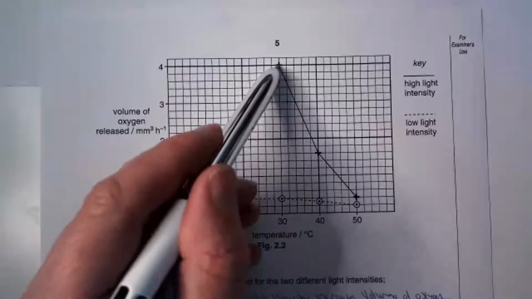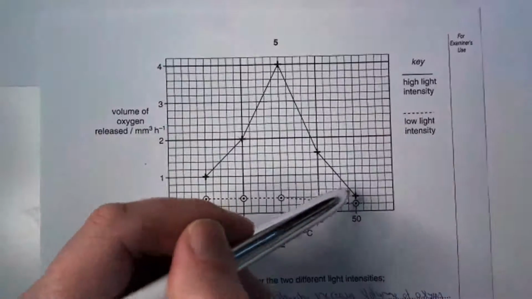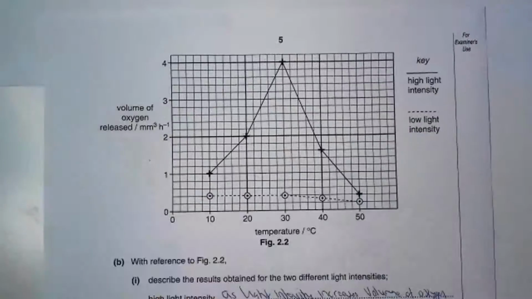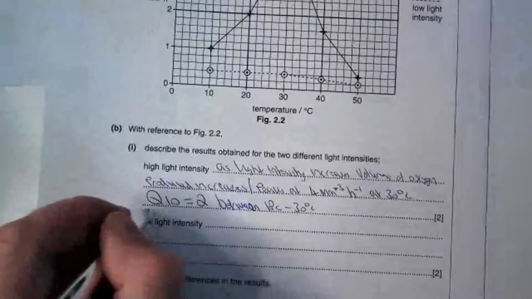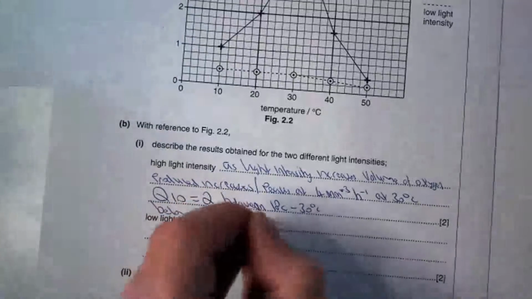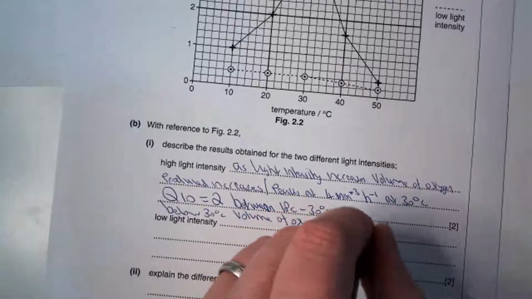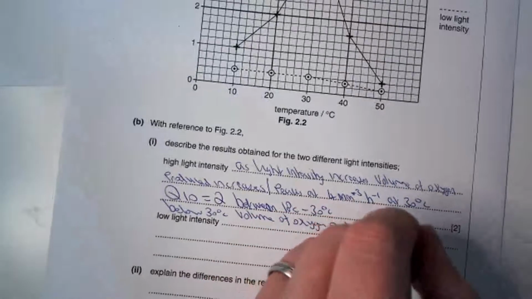After 30 degrees C, so between 30, 40, 50, the volume of oxygen released is decreasing. So above 30 degrees C, volume of oxygen produced decreases.